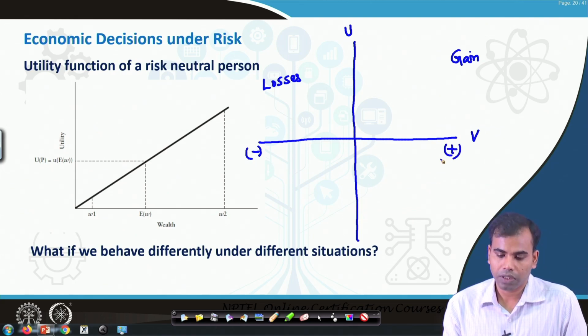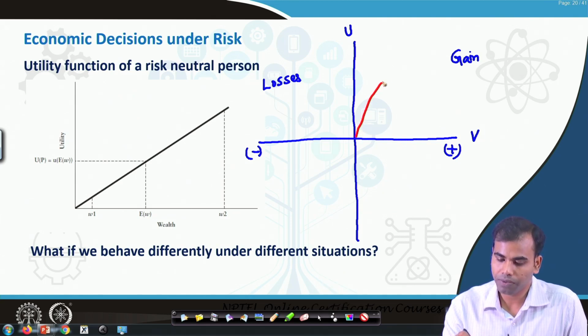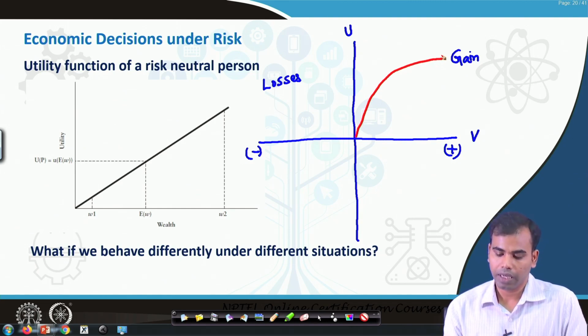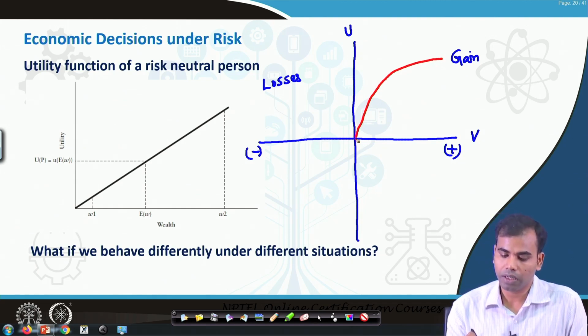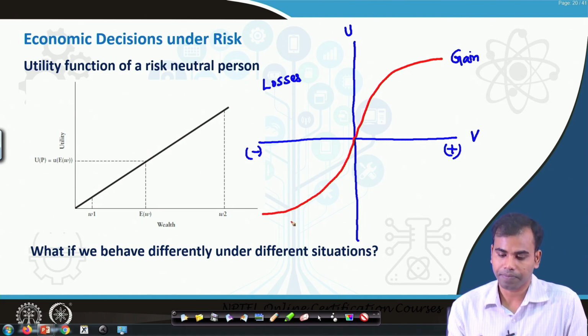If you refer to the utility function curve of a risk averse person, it looks something like this, where you tend to behave as risk averse, and if you are a risk seeker, your behavior would be different, which is given by the utility function curve as explained earlier.